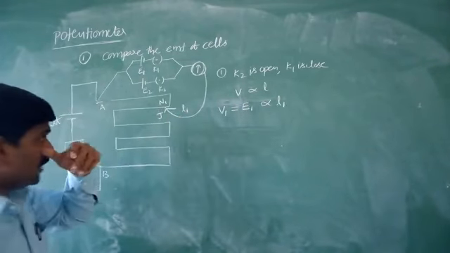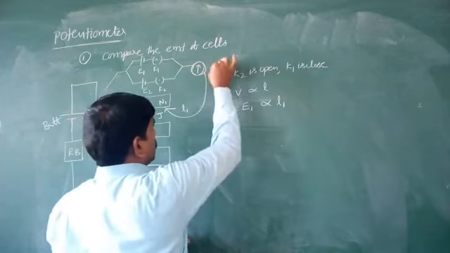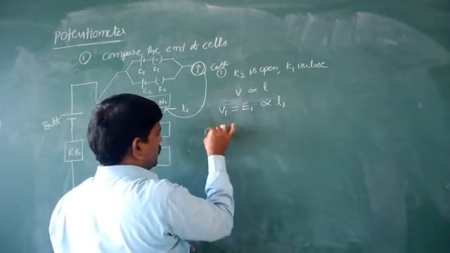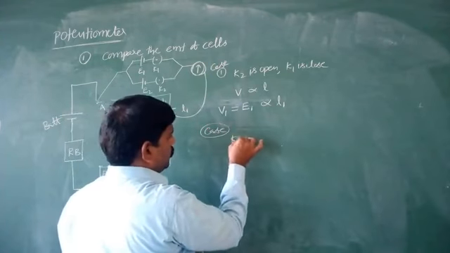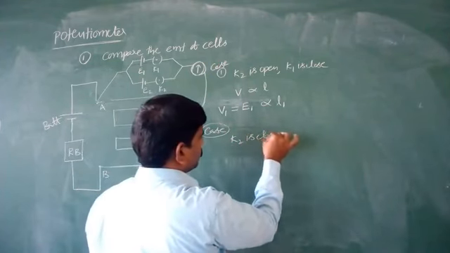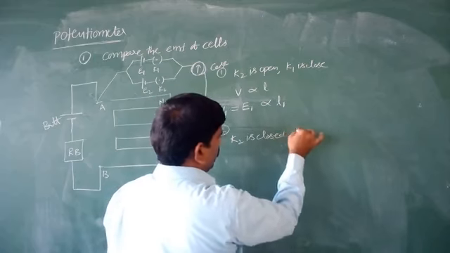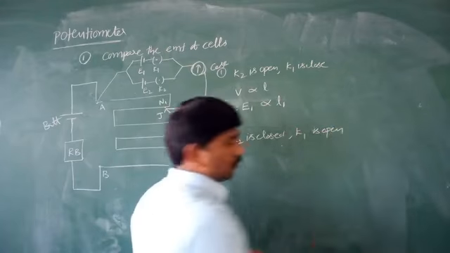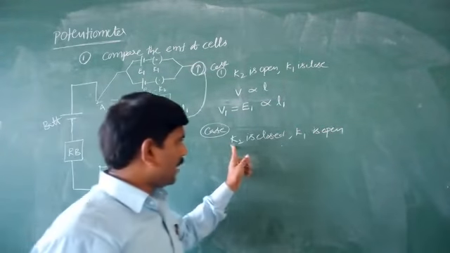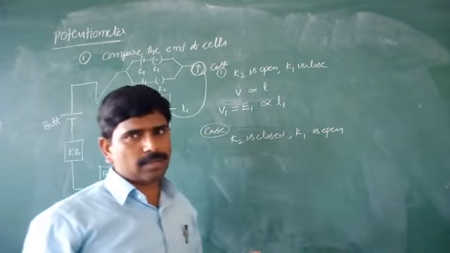This is the first case, and in the second case, K2 is closed and K1 is open.